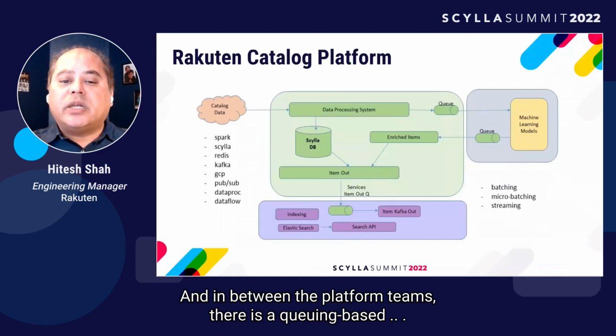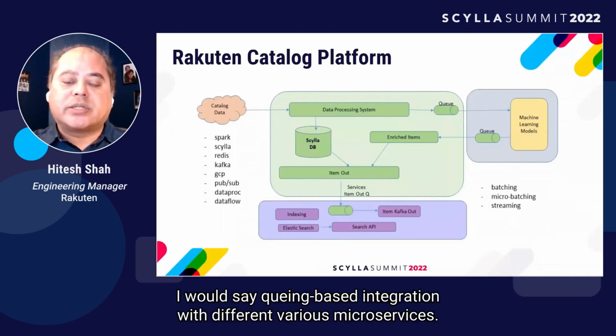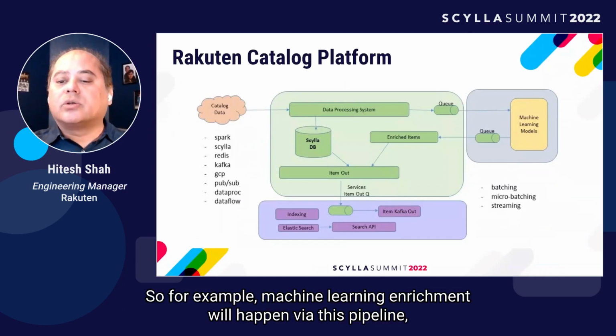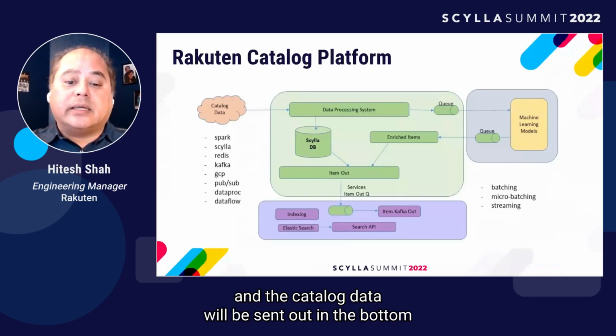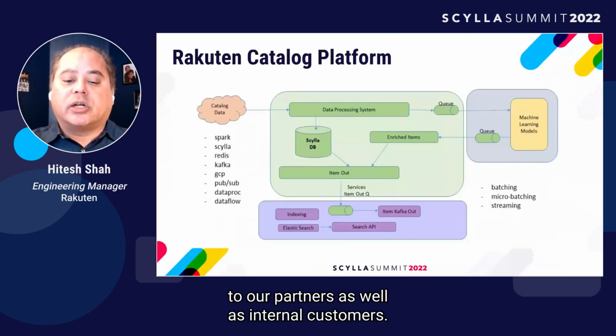And in between the platform teams, there is a queuing based integration of various microservices. So for example, the machine learning enrichment will happen via this pipeline, and once the enrichment happens, the data will get stored into ScyllaDB, and the catalog data will be sent out at the bottom to our partners as well as internal customers.